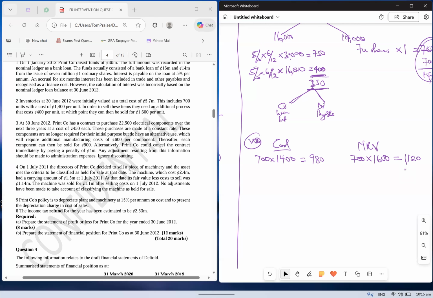If it is 1120, we had to incur some cost before we could be able to sell it at this one. So take away that cost, the modification, and that one will be 700 by 400, right? They need to process it. So 280,000. 280. So what is the net realizable value? 840. So which one will you pick?